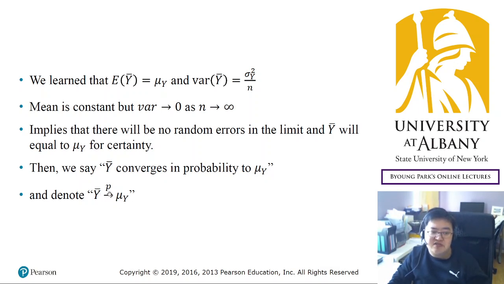There is an arrow, but you have to put a p on it because it means convergence in probability, since the object is random. You have to denote that this convergence is in a distribution, probability sense. So you put p there.